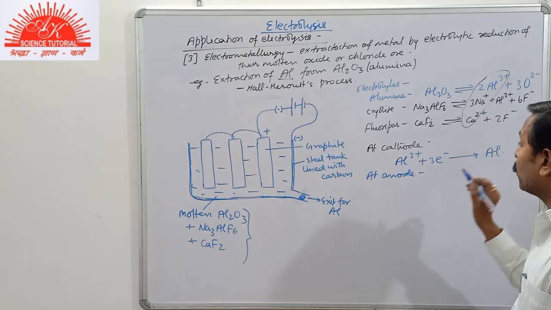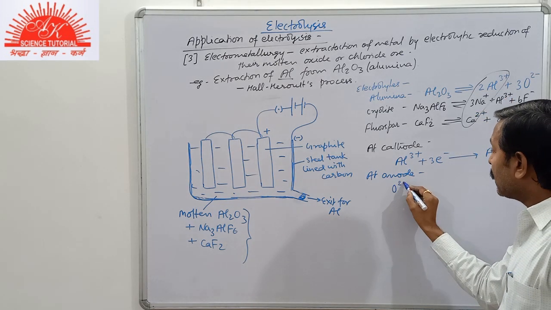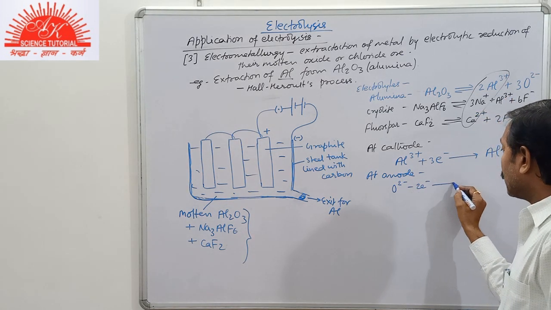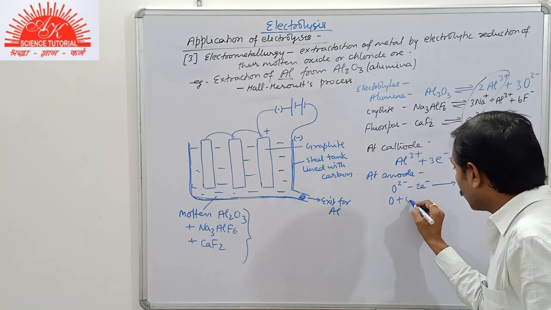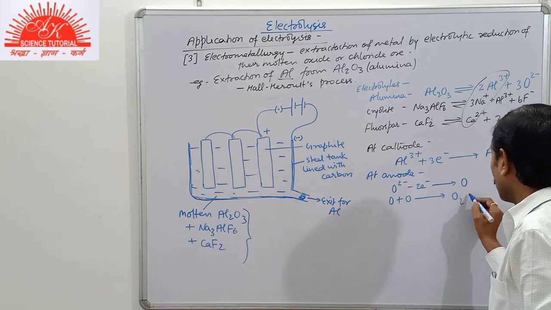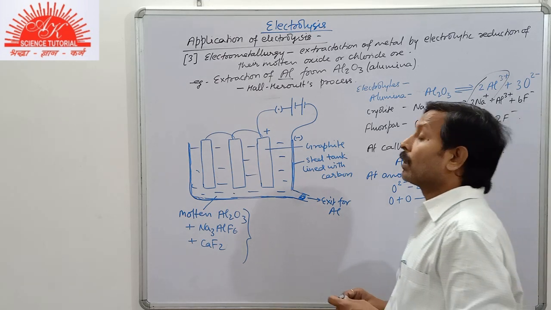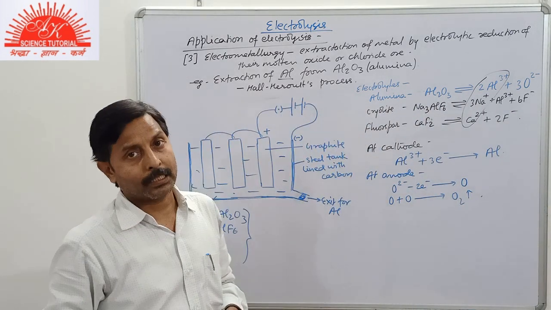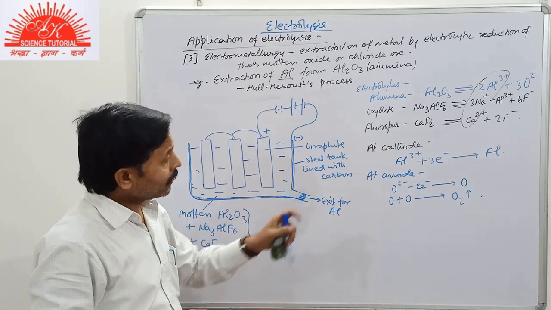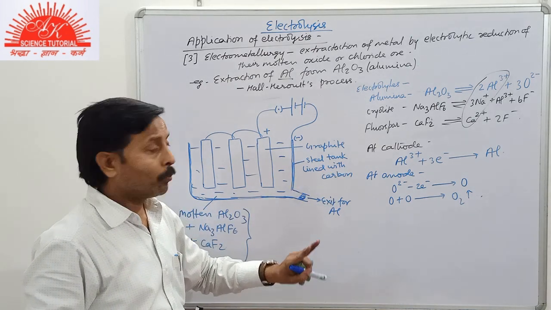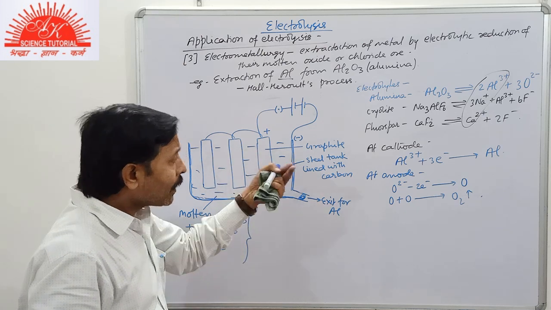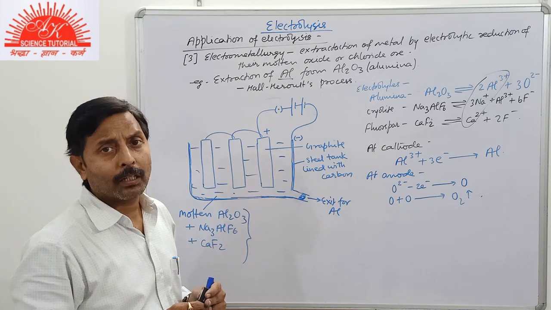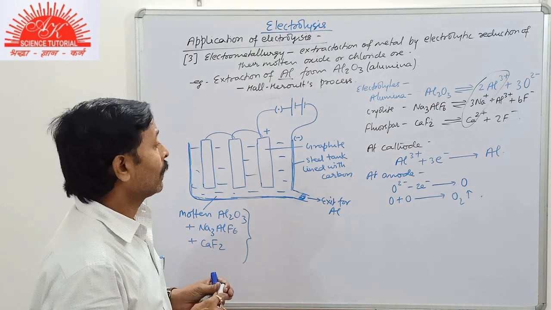Oxide is lower in position, so it is oxide that is discharged here, and O plus O gives O2, hence at the anode oxygen gas is released. Now this is a simple electrolysis, students. We have got the pure metal here, but there are some more questions related to it.